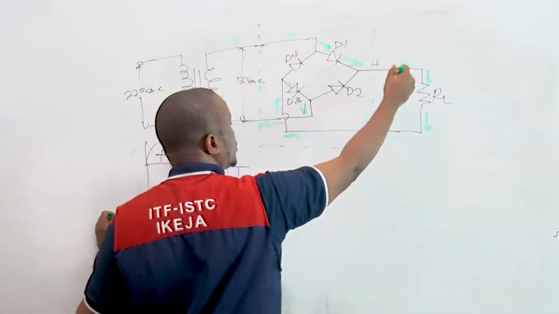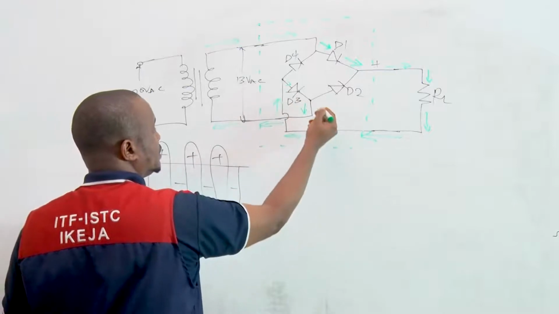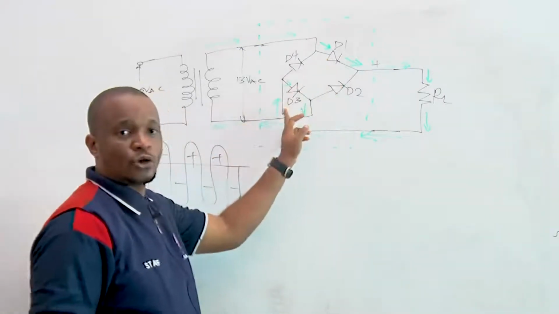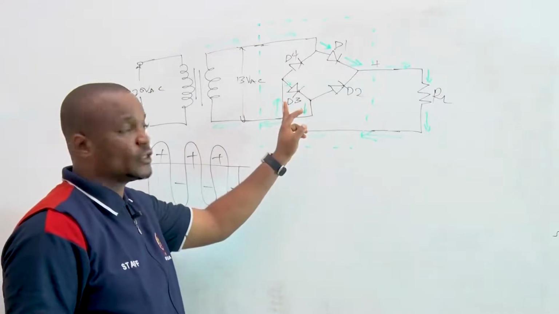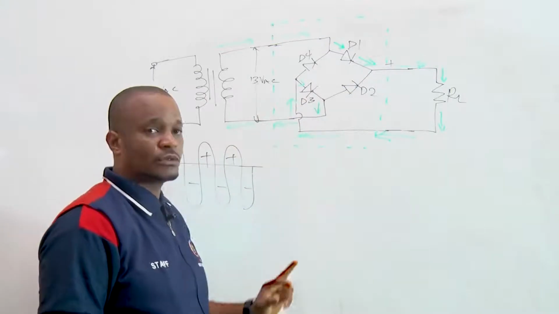You can see the direction of the positive half cycle flows through this. So D1 and D3 conduct.